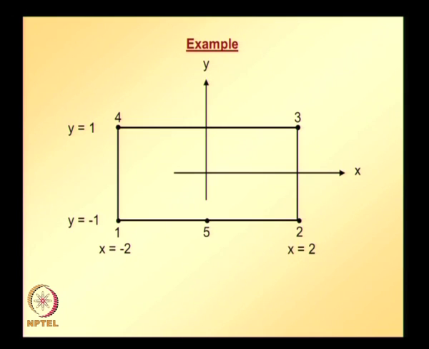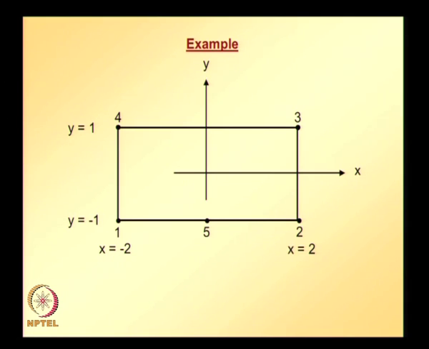A 5 node element is shown here. If you compare the node numbering that is given here with the node numbering that we have seen before when we looked at the table, which gives us shape functions for 4 to 9 node elements, you can see the node numbering is similar to what we have seen earlier.